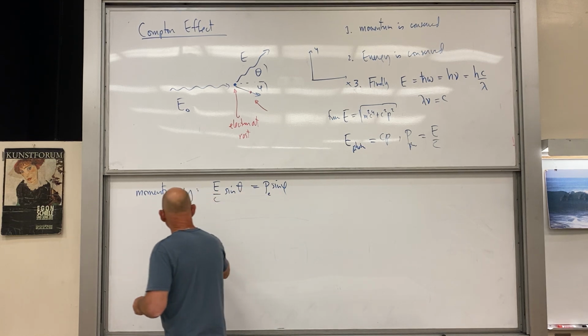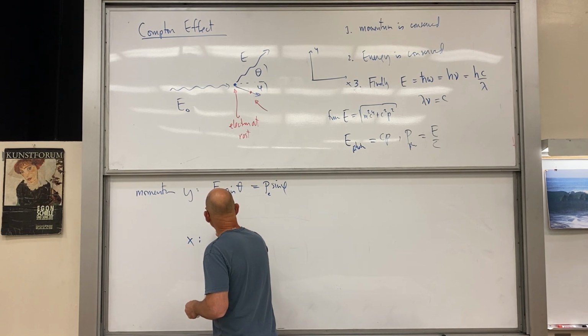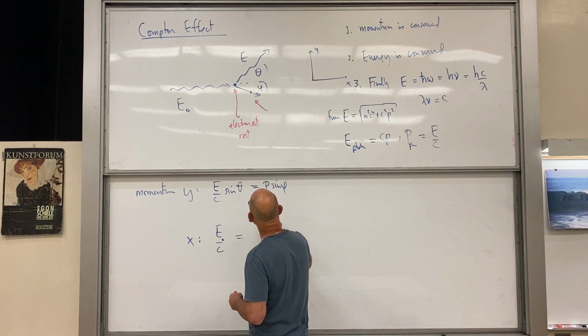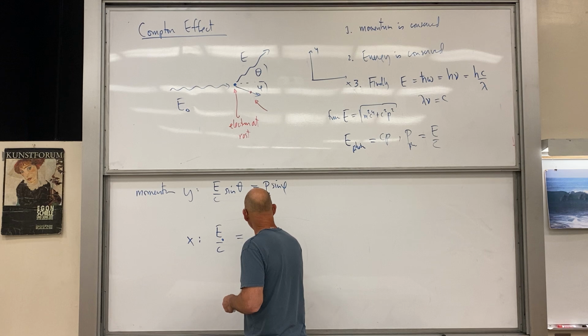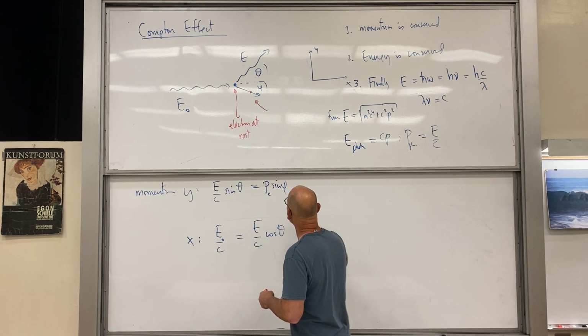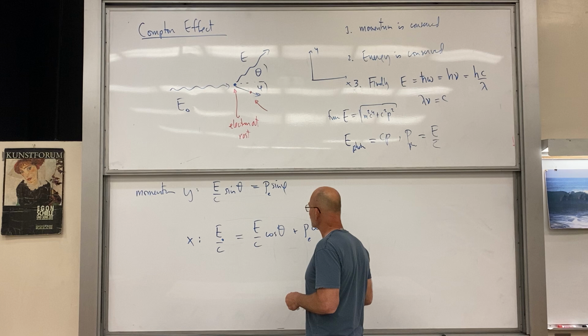And then X, we're going to have E0 over c is going to be equal to E over c cos theta plus p of the electron cos phi.